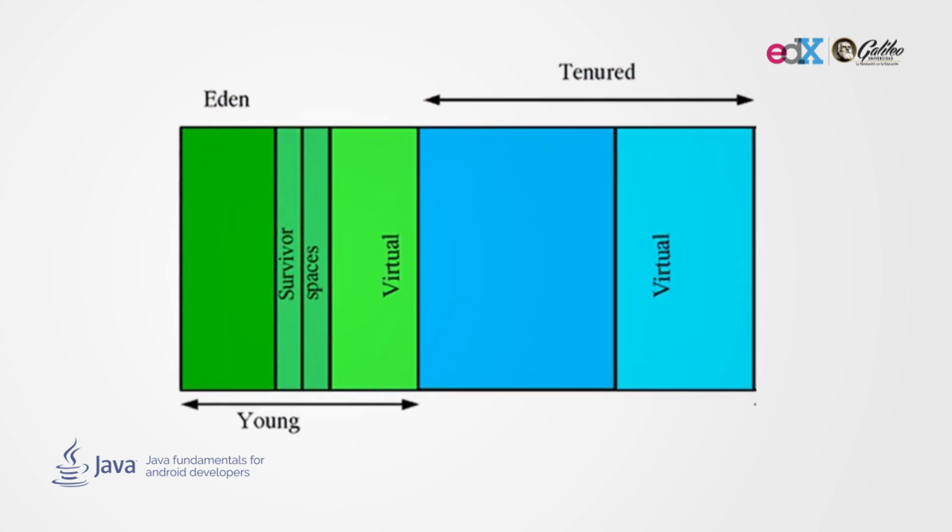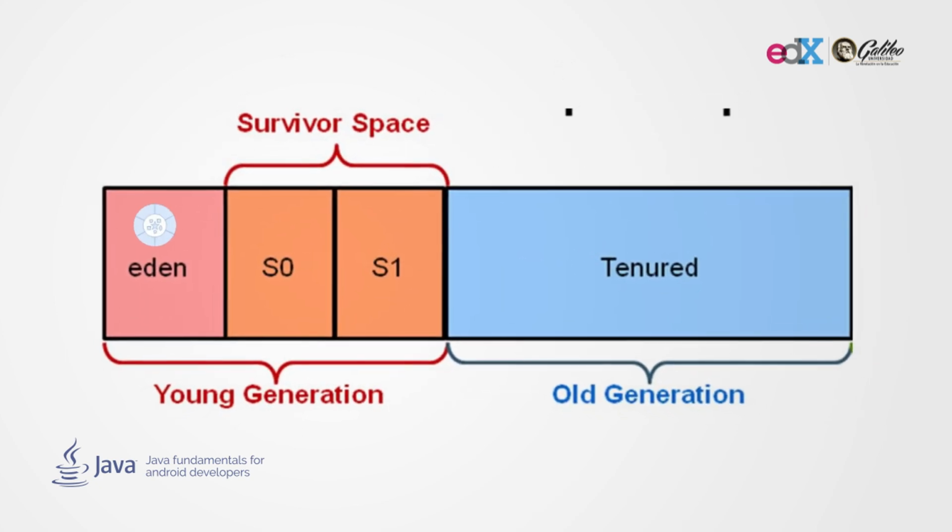On the other side, we have the heap space. The heap space has two areas, the young and the tenured areas. The young area is composed of three parts. The Eden is the place where you put the new objects. Just an instantiated object is placed in the Eden area. It lives there until Java's collector runs and asks, is it unreferenced?